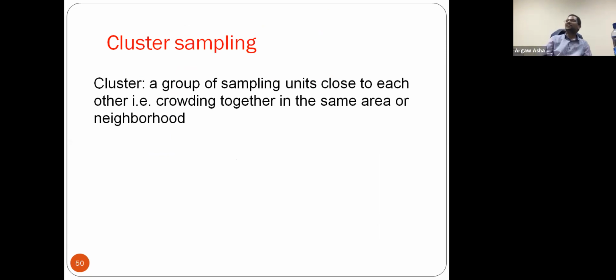Then cluster sampling, we call it a group of sample units close to each other. Maybe you can choose by age group or education group or maybe language or whatever. You can make those in a cluster way.